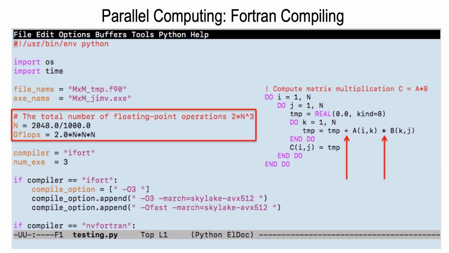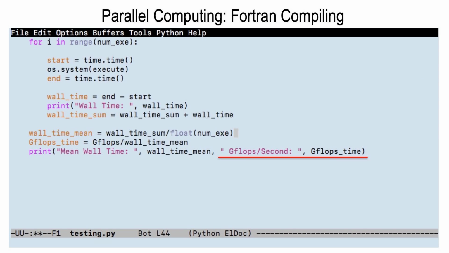The loops iterate over i, j and k, resulting in n cubed. To simplify the calculation, I've divided by 1000, resulting in the calculation of gigaflops. At the end of the Python script, we've added a printout of the performance measure in gigaflops per second following the calculation of the mean wall time.